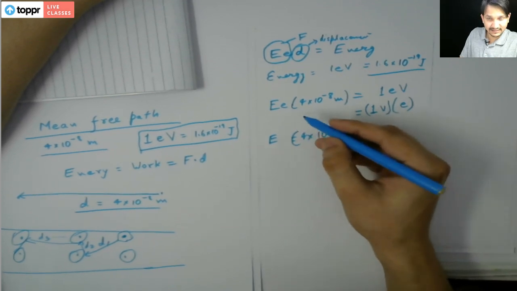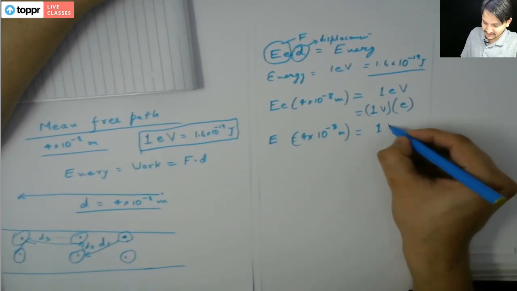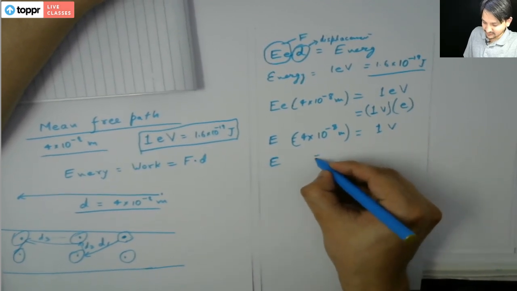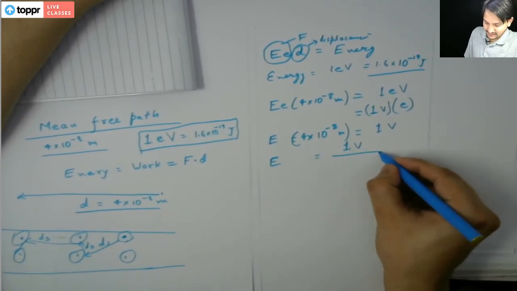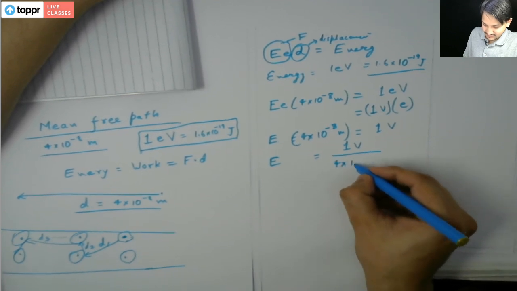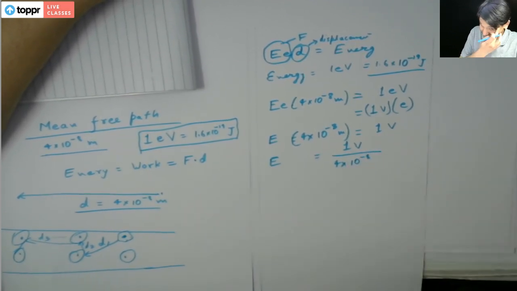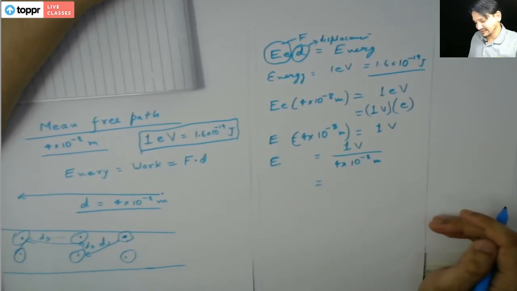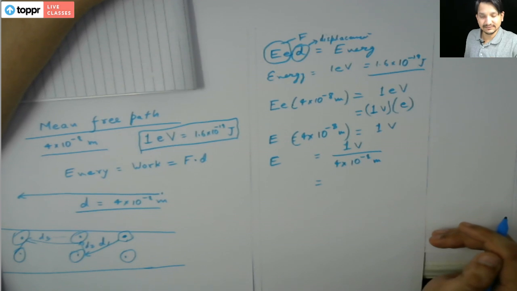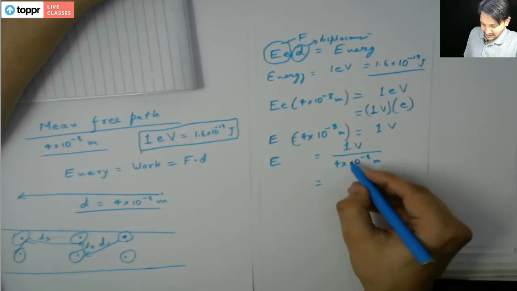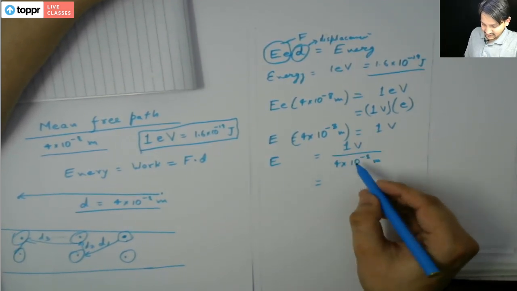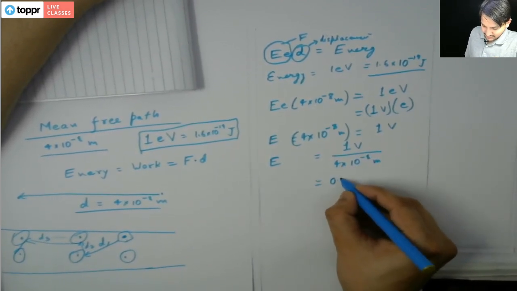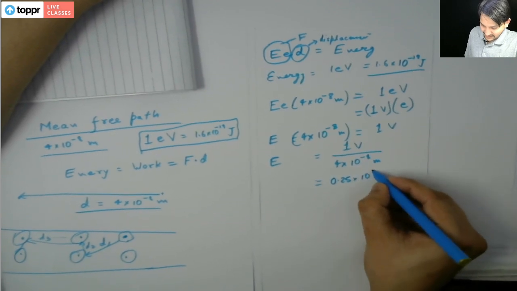Small e getting cancelled from both sides, that gives us 1 volt. So the electric field E equals 1 volt divided by 4 times 10 to the power minus 8 meter. What is the unit of the electric field here? Volt divided by meter, volt per meter is the unit, and the electric field would be 0.25 into 10 to the power 8, right?